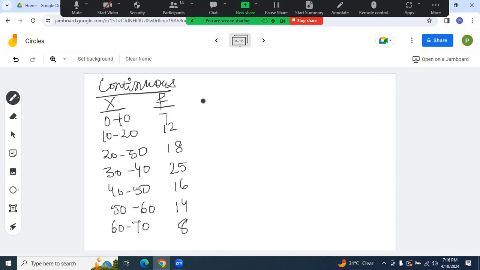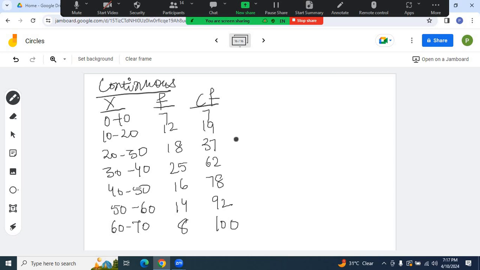For median, we need cumulative frequency: 7, 12 plus 7 is 19, 19 plus 18 is 37, 37 plus 25 is 62, 62 plus 16 is 78, 78 plus 14 is 92, 92 plus 8 is 100.